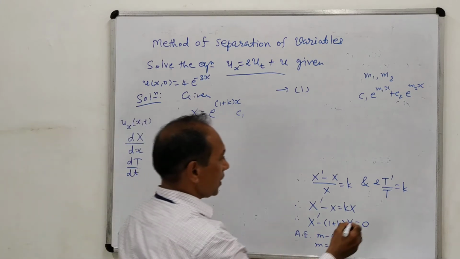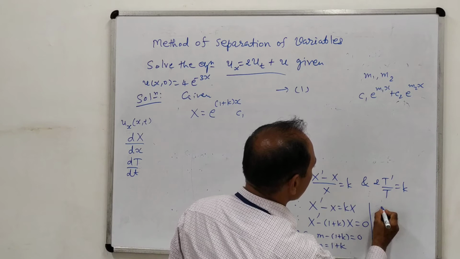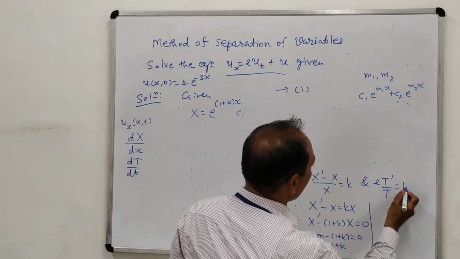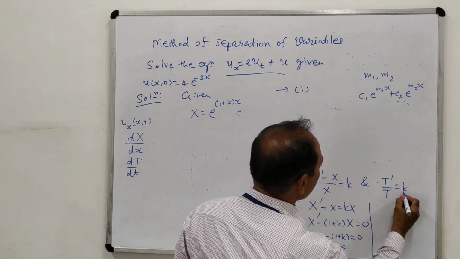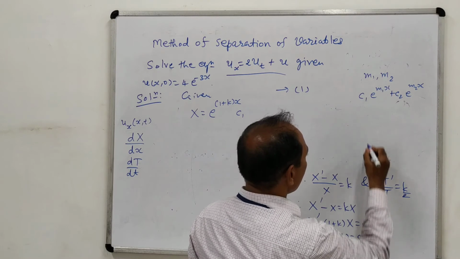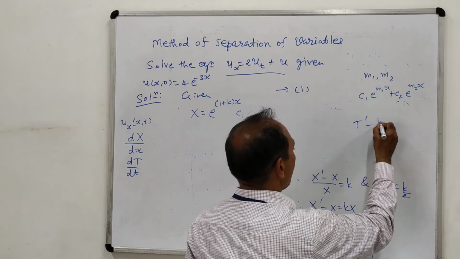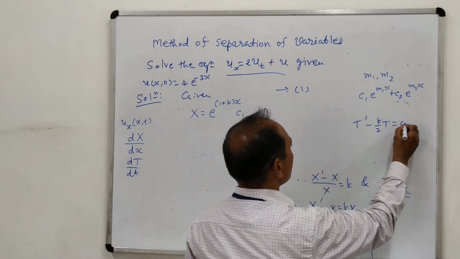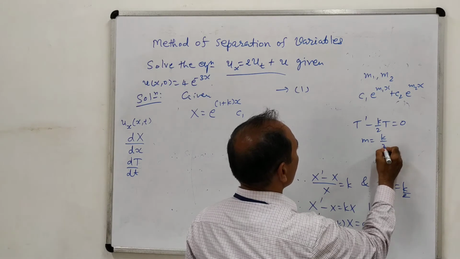Now we go for the second solution. Here it is given 2t dash equal to t dash upon t equal to k, or else we can also write this as k by 2. This we can solve in two ways. First we can write down here this equal to minus k by 2 into capital T equal to 0. So it has the root m equal to k by 2.